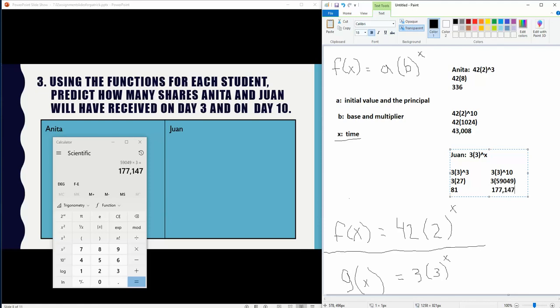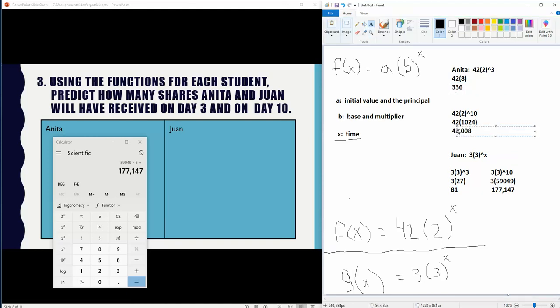And we can see the effect the longer the days go on. Look at how after 3 days, Juan still has not caught up to Anita, but by the time we get to day 10, where Anita had 43,008, look what happened to Juan. His number of shares, because his multiplier was greater, creates that exponential growth, which over time Juan will surpass Anita.